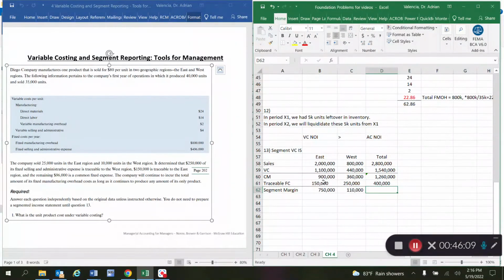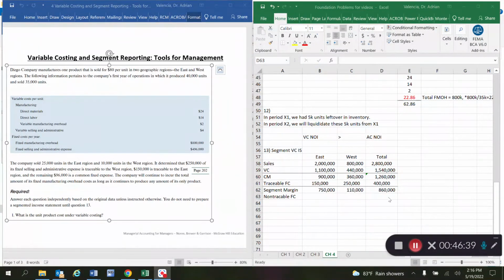Overall, that is the summation of these two: 860,000. But we're not done, because now I have to subtract what I'm going to call non-traceable, or you can call them common fixed cost. It's another way of doing it. These are the ones I wasn't able to assign here, and that's the $96,000 that remains, right?